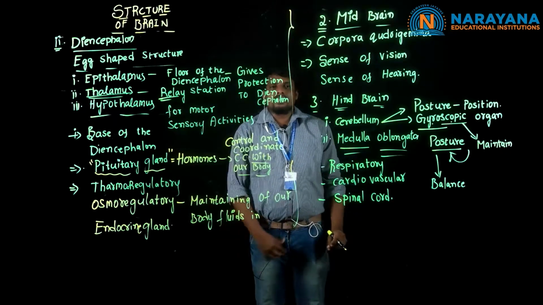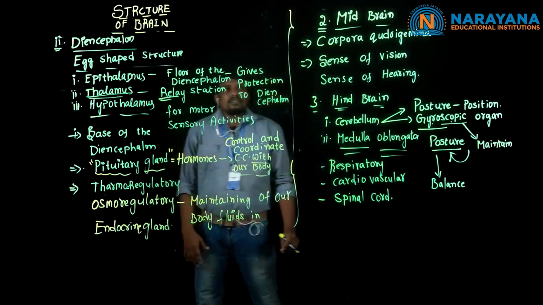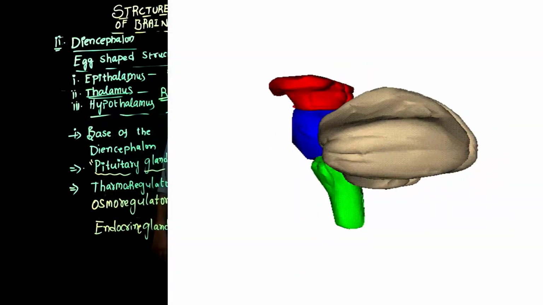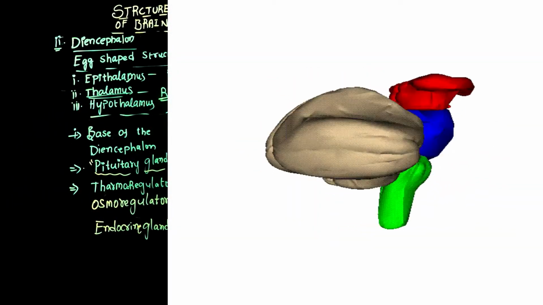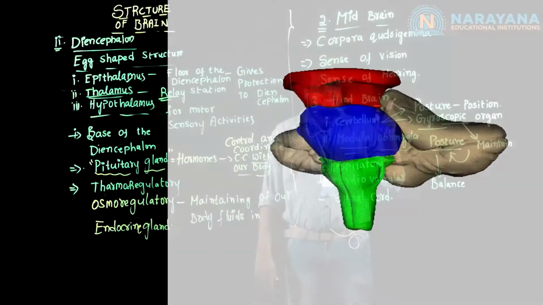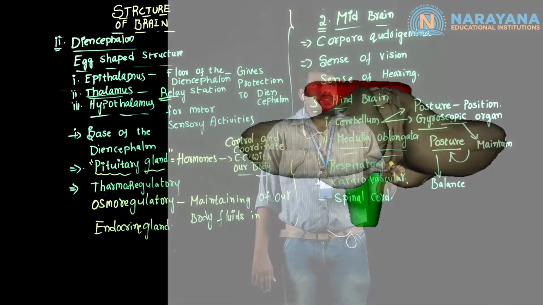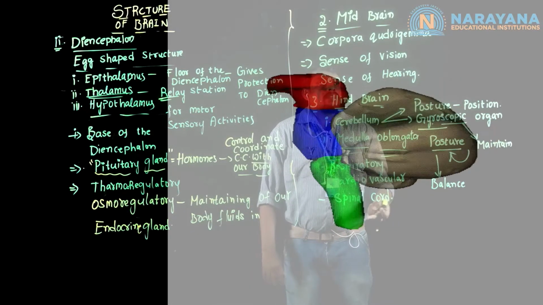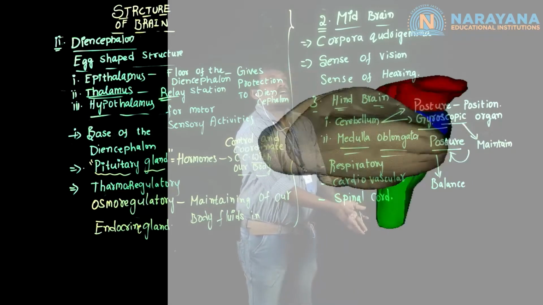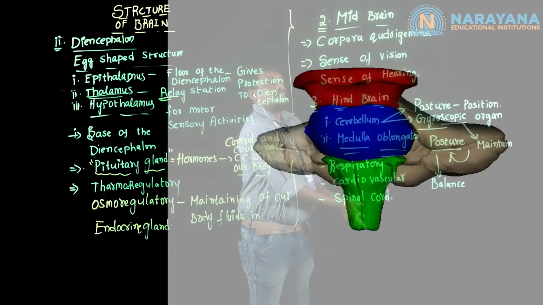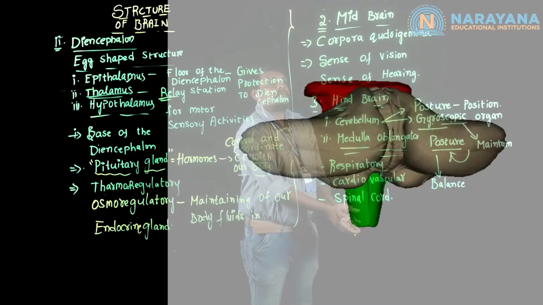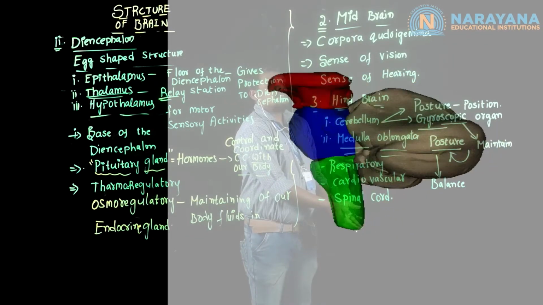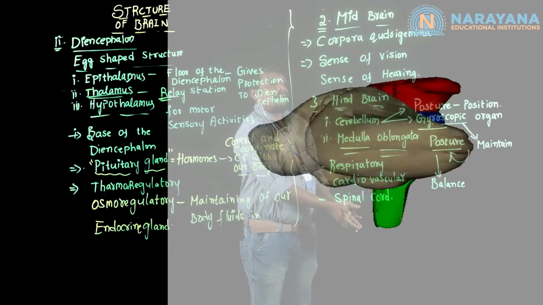Can you display the next diagram, sir? Look at this, the red color spot. You can see the red color spot to the green color spot. Right from the red color part to the green color part, this one exactly, is considered as the medulla oblongata.